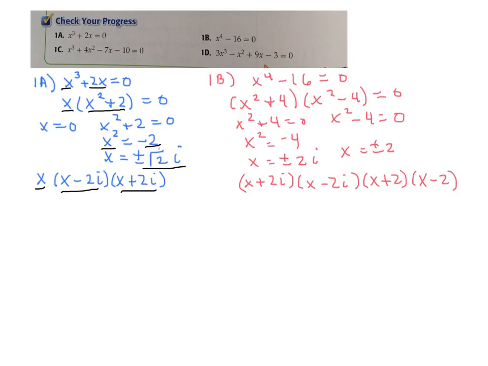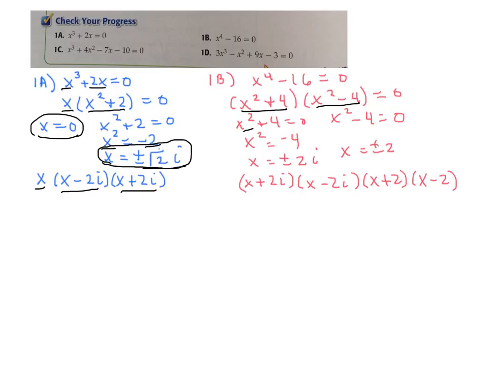Notice that the actual zeros are x equals 0 and x equals positive square root of 2i and x equals negative square root of 2i. For 1b, you have the difference of two perfect squares, which gives you x squared plus 4 and x squared minus 4.